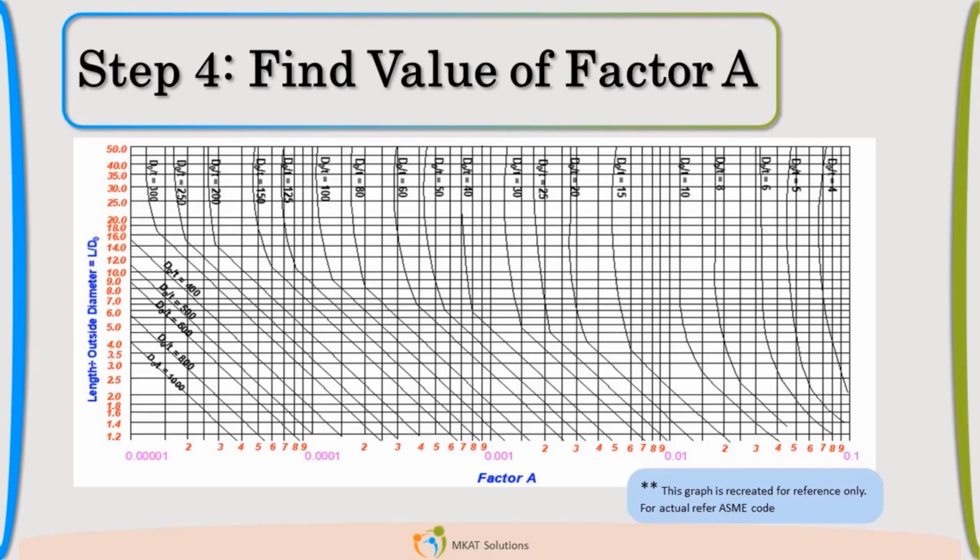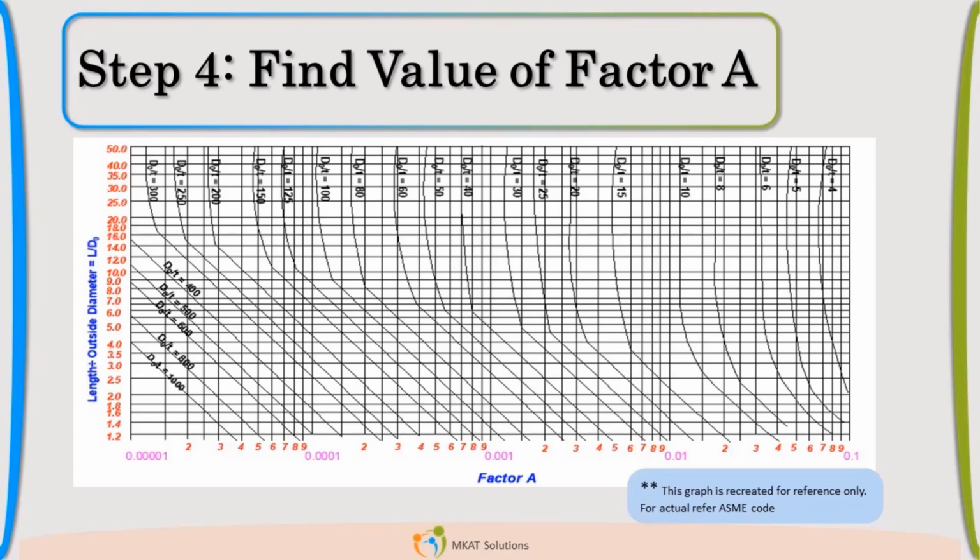Subpart 3, figure G, exactly. So this is subpart 3. We have recreated it based on the ASME code, so don't use it directly, but if you open figure G of the code, it will look very similar.